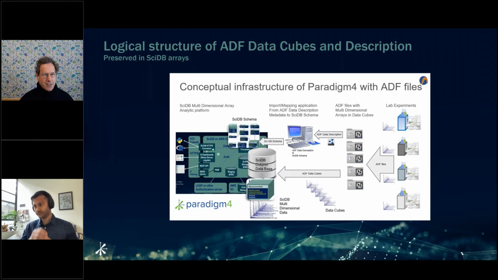And this allows us to have an underlying column structure that scales to thousands or more columns in each data model in SciDB. So it's essentially enabling the representation of data as arrays without limits to scale.